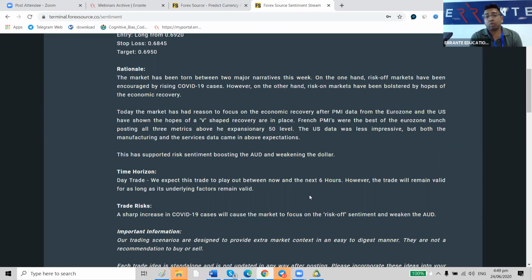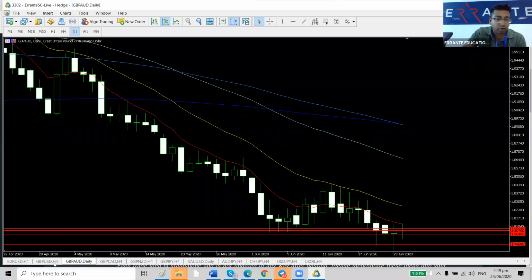So now it is just announced 3-4 days after about Texas building up cases of corona. So that is why it's pulling down the dollar at this moment of time. Okay, so the dollar is actually depreciating quite a bit.